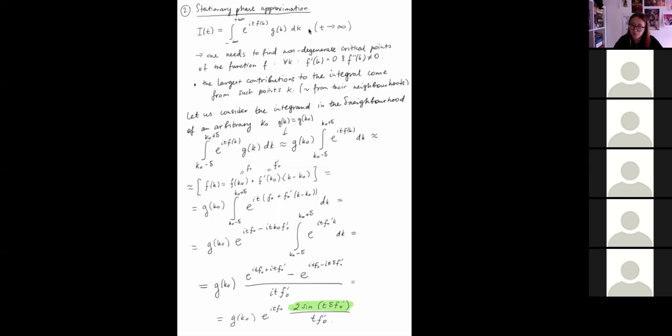Moreover, we can always choose t, the time, big enough so that it would be 1, for example.